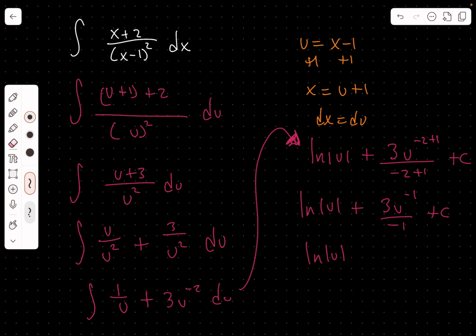We have a negative. Got to bring it to the front. We're going to bring this to the bottom. So we get 3 in the numerator and we get u in the denominator plus c. Then we're going to plug in u.